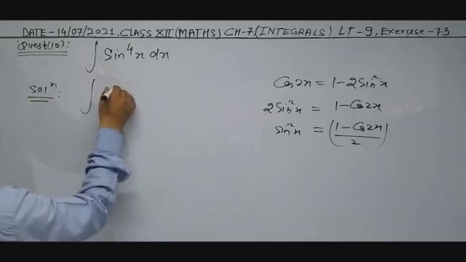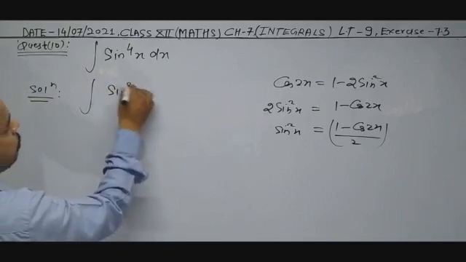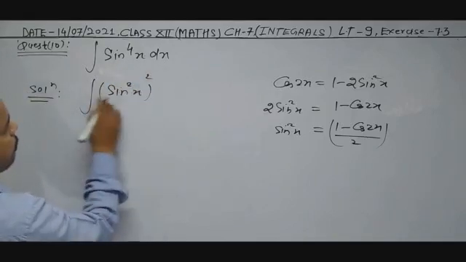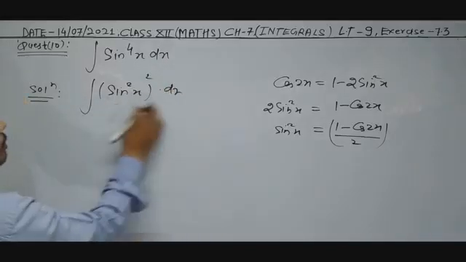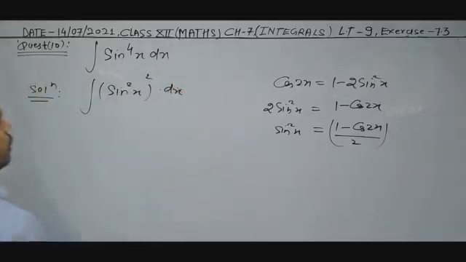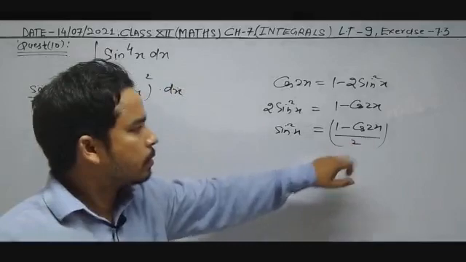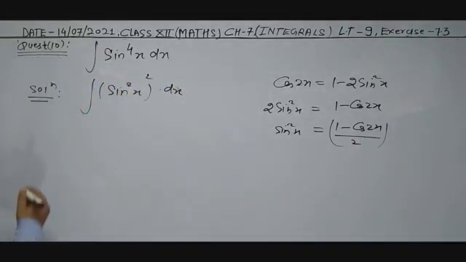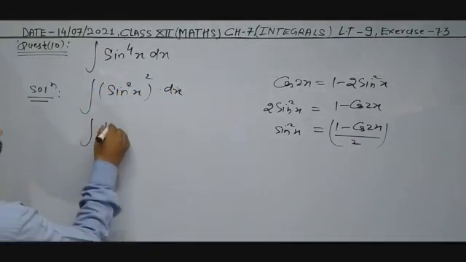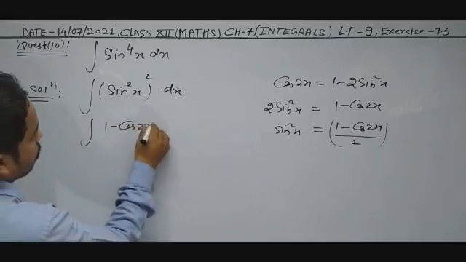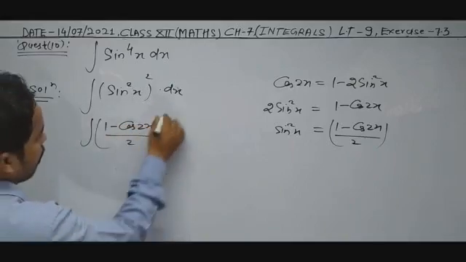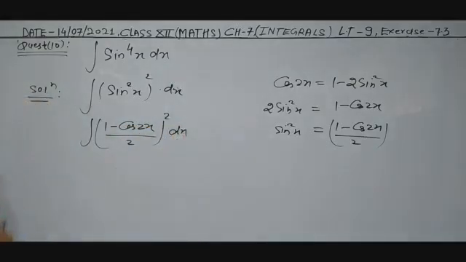This can be written as (sine square x) whole square dx. And you know the formula, sine square x is equal to (1 minus cos 2x) by 2. So integration of ((1 minus cos 2x) by 2) whole square dx.